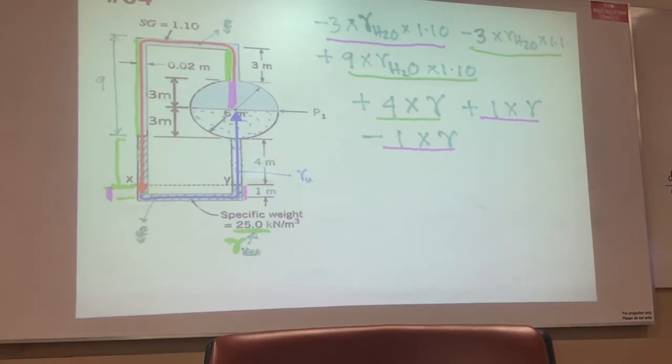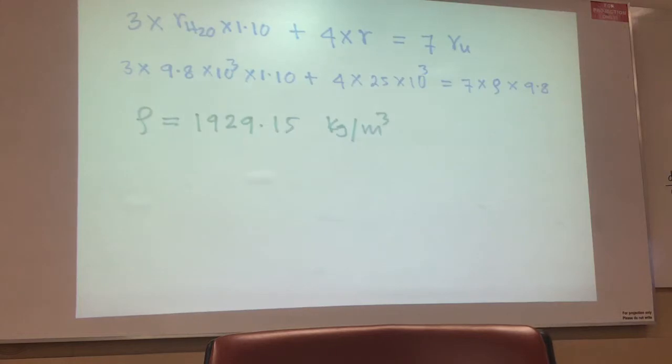And then negative, this one. Negative is the unknown fluid, right? This is 4, then 3, equivalent to 0. Done. Understand? This is the easiest code. Easy. Now I substitute the numbers.